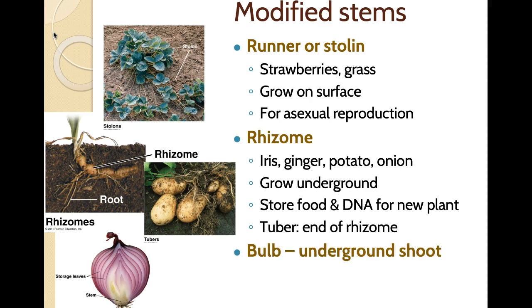And finally, a bulb is a modified stem. It's an underground shoot. An onion is a bulb, and an onion has storage leaves, so that's what we eat, and it has a short underground stem, so it's short as well.